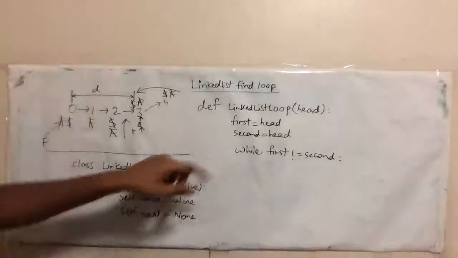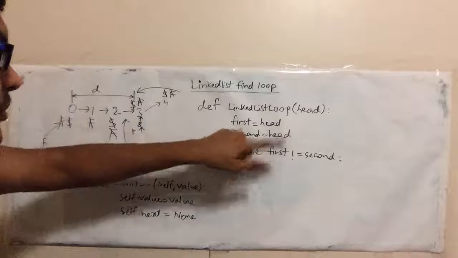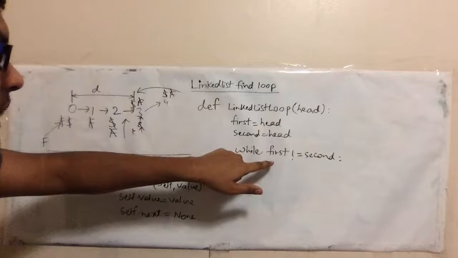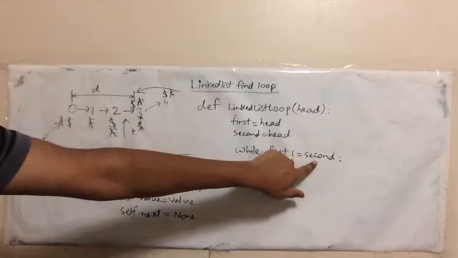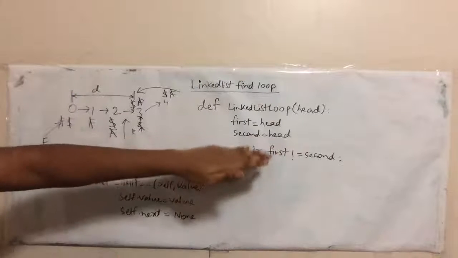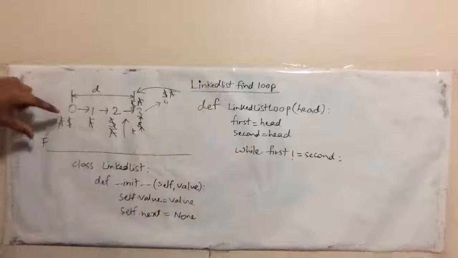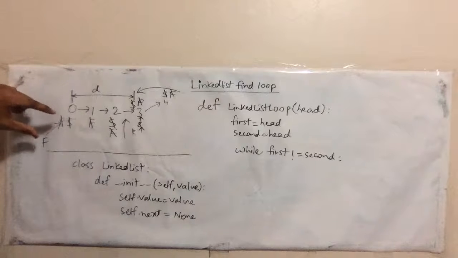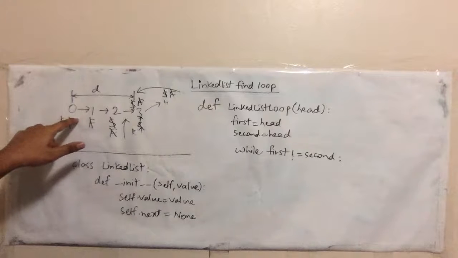One thing here: if we set the first pointer as head and the second pointer as head, then first is equal to second, so the while loop will be broken at the initial stage. So instead of just using the head, we take one iteration, one step, before.